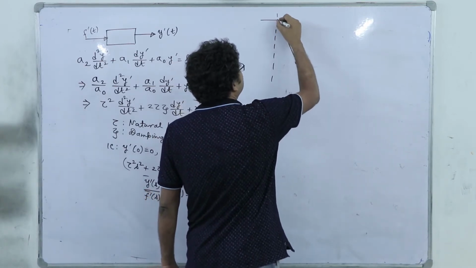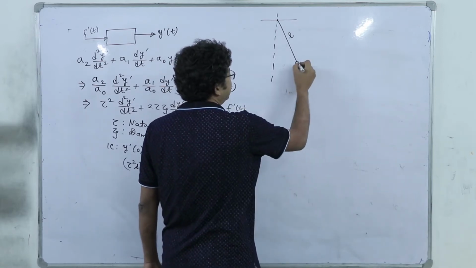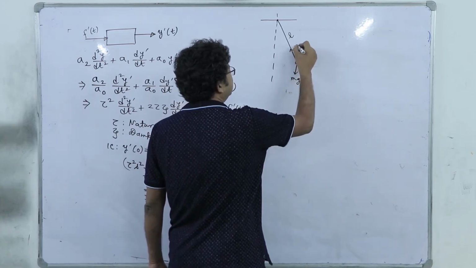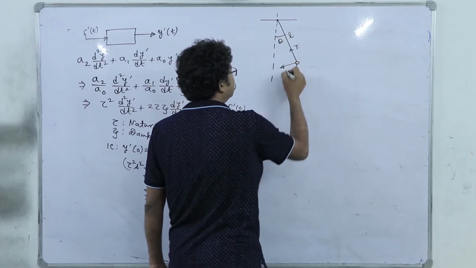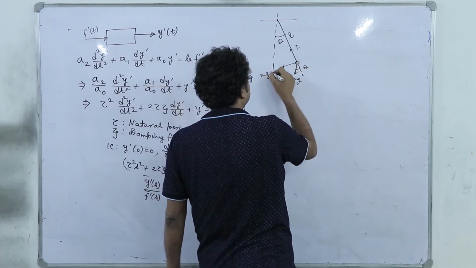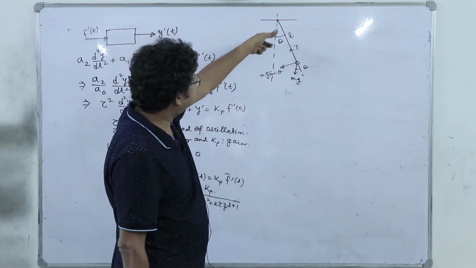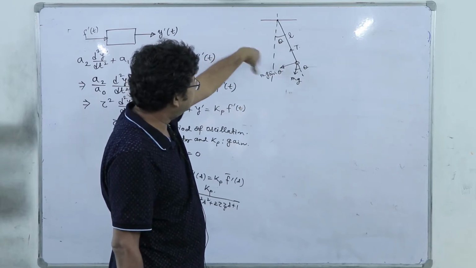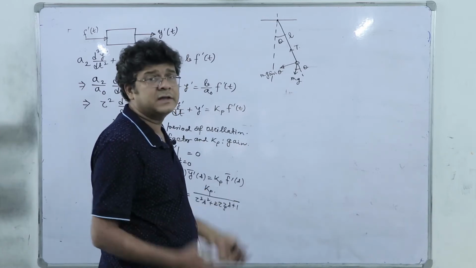So let's say this is the point of suspension, the string length is L, and the mass of the bob is M. Here we have mg, here we have the tension acting, and this is theta. In this direction the restoring component will be mg sine theta. As it is a rotational kind of motion, we can apply the torque balance if there is no other resistance.